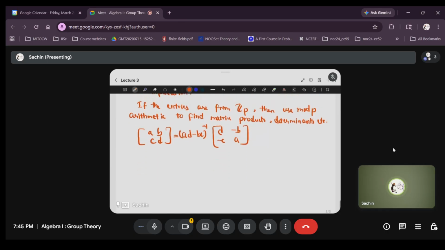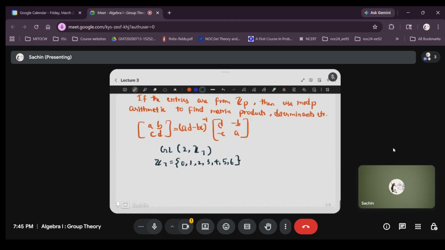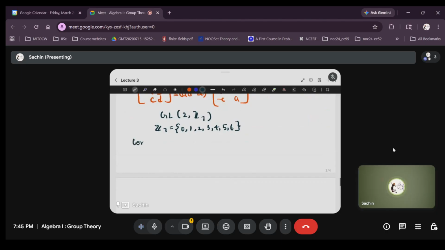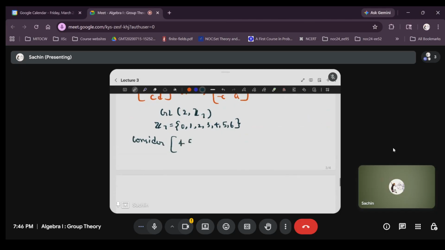So for example, take the general linear group, that is the set of all invertible matrices of size 2, so 2 by 2 matrices, with entries from Z7. So Z7 is 0, 1, 2, 3, 4, 5, 6. Consider the matrix 4, 5, 6, 3.